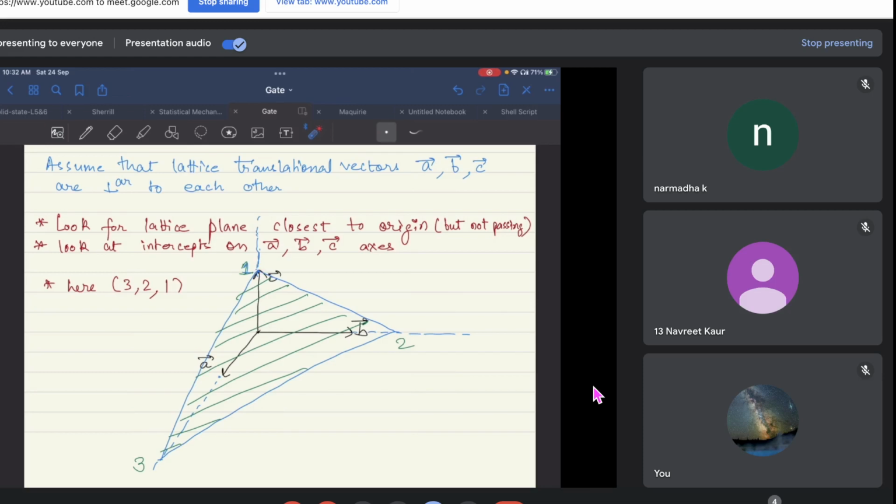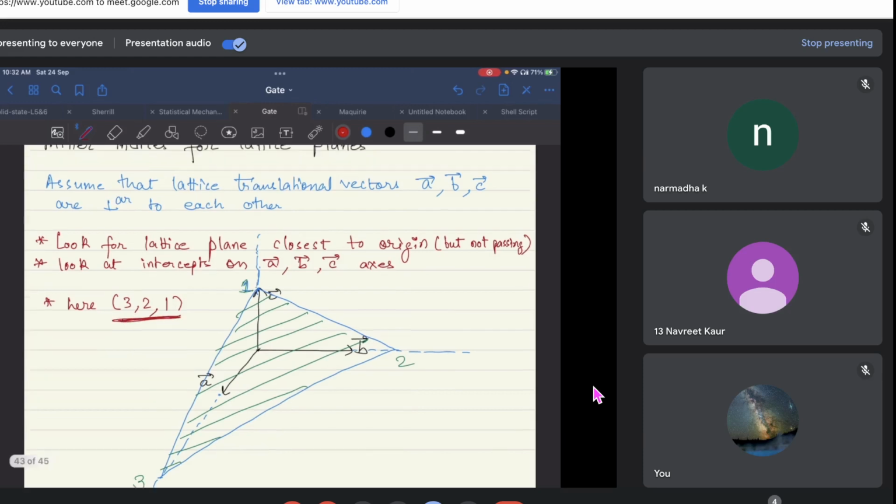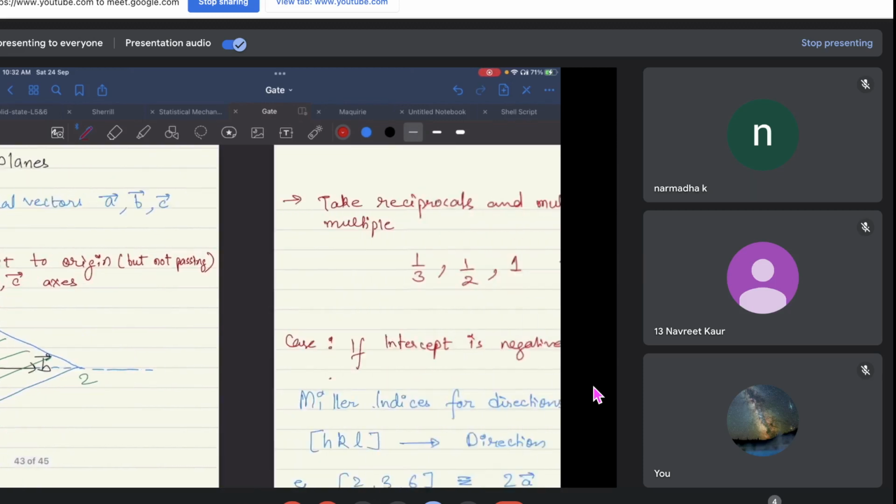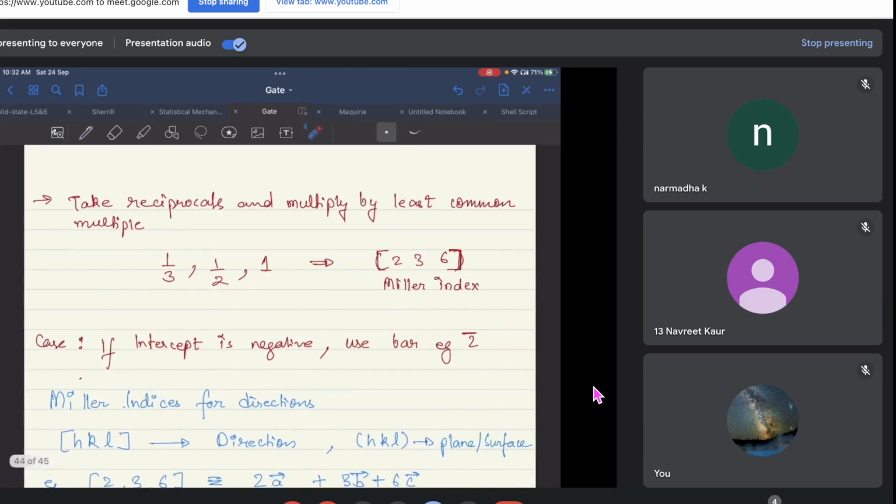You can extend it such that it intercepts at 1, 3, 2. So if I write the intercept at a first, that will be a, 2, 1. Okay, so this is the intercept for the a, b and c vectors. Now the next step is to take the reciprocal and multiply by the least common multiple.